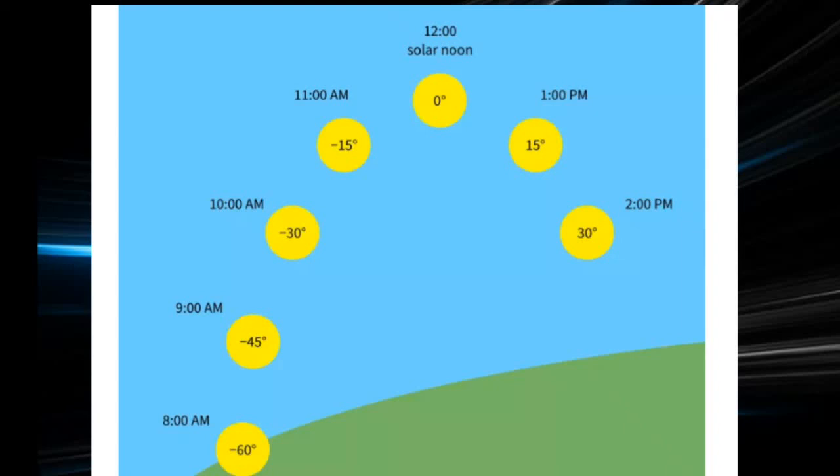So this is about the solar hour angle. It is related to sunrise and sunset. The cosine of the solar hour angle is used for calculation of zenith angle and solar elevation angle, since the cosine of a negative number is the same positive number. Here is the diagram showing how to find the hour angle omega in the morning time as well as in the evening time.